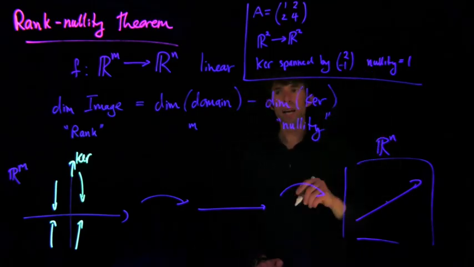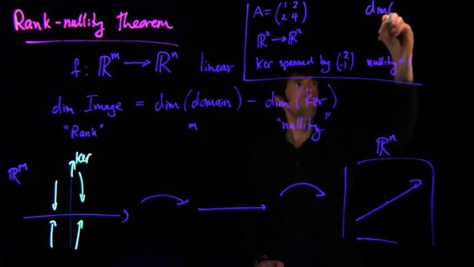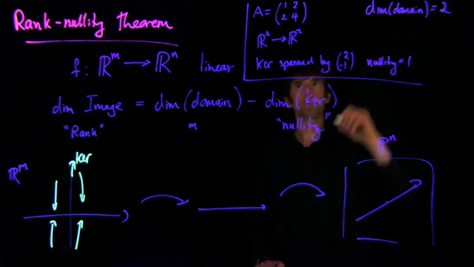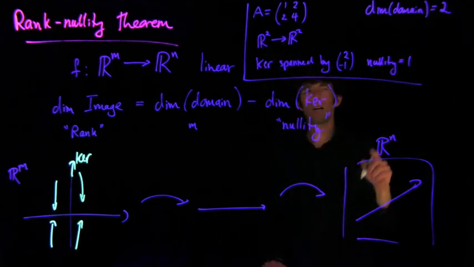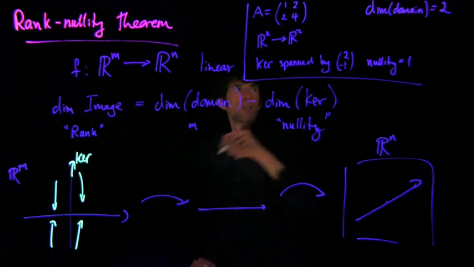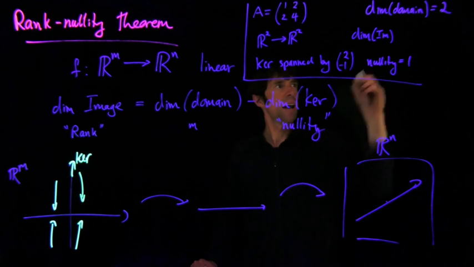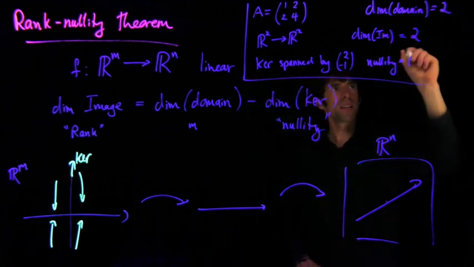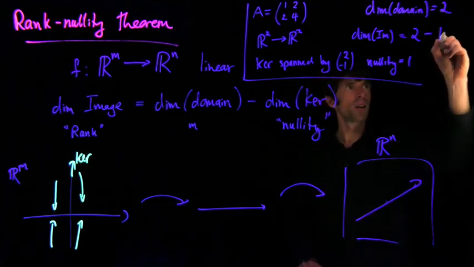And the domain, our m here, was 2. So this is a map from R^2 to R^2. And so when we plug this into the rank-nullity theorem, the dimension of the image has to be equal to the dimension of the domain, that's 2, minus the nullity, which is 1.